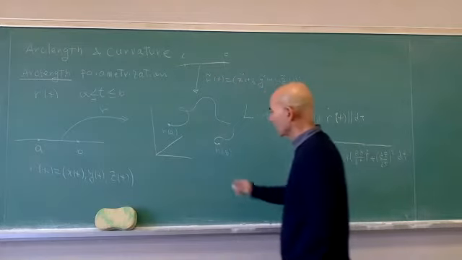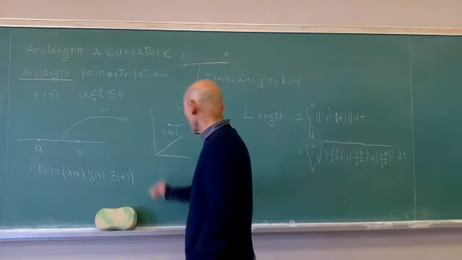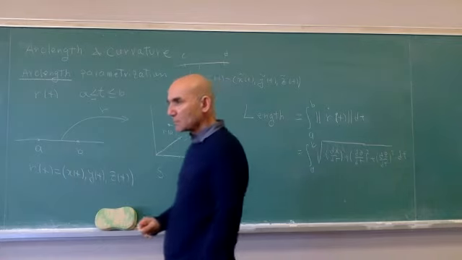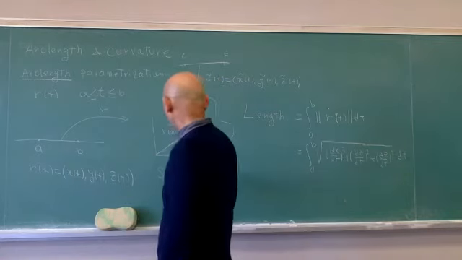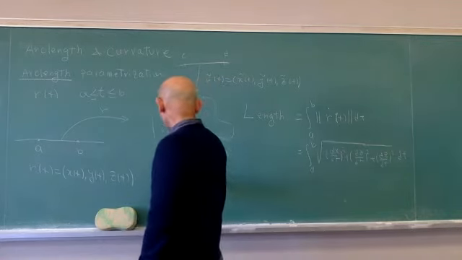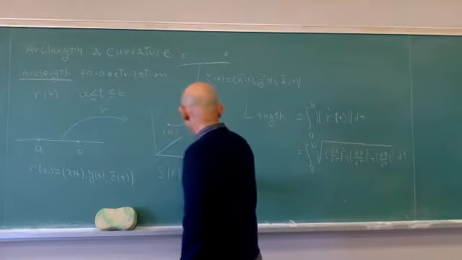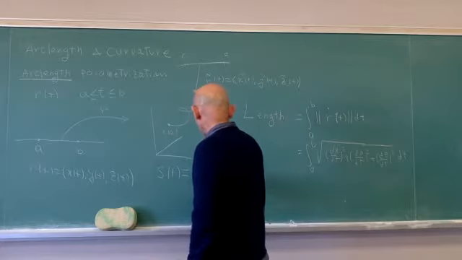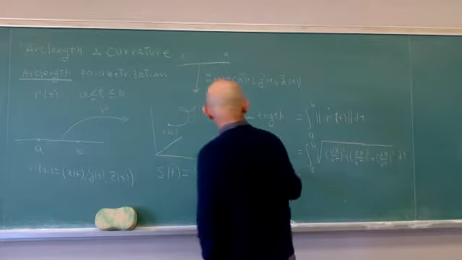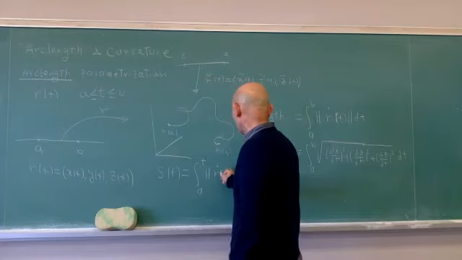So we define S as a function of t to be equal to the integral from a to t of the norm of r dot of tau d tau.